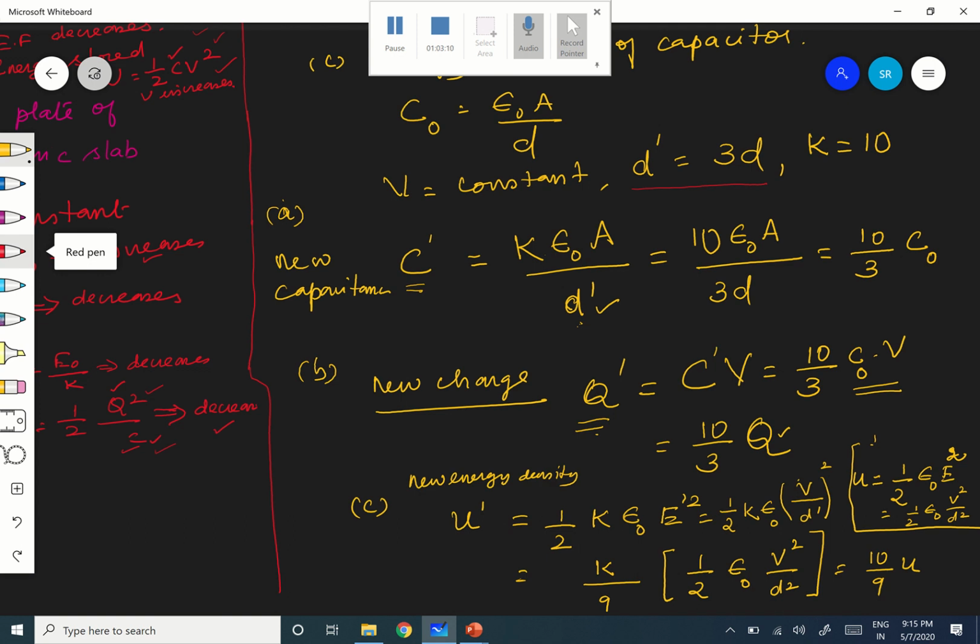Then the new charge Q dash is equal to C dash V, V is the same. Therefore you will be getting the new energy density U dash is equal to half K epsilon naught E dash squared.